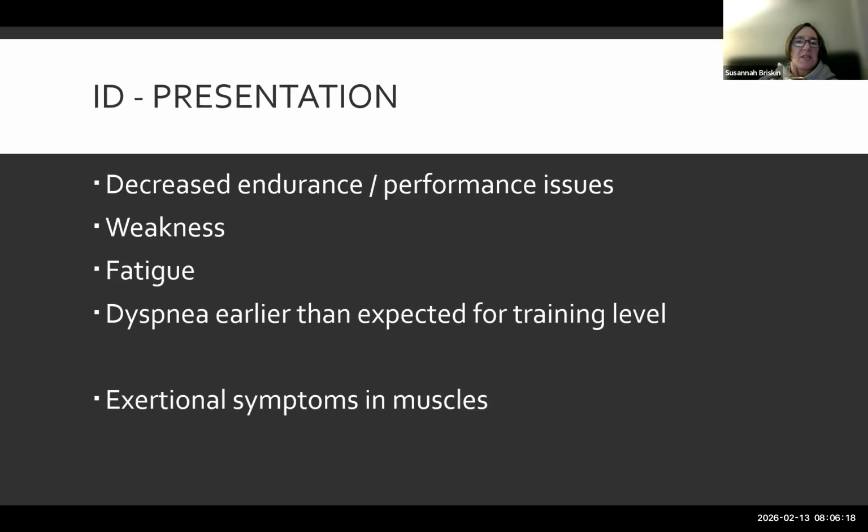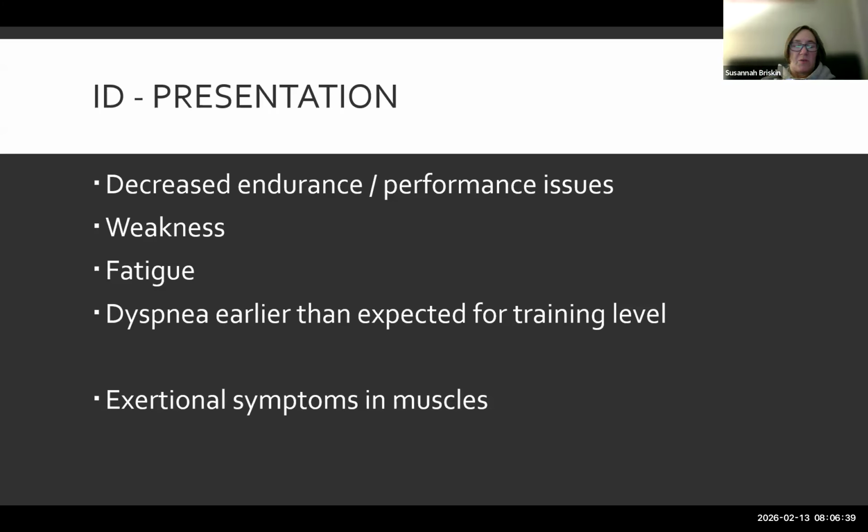And then weakness and fatigue. And then dyspnea earlier than expected for training level can sometimes be an issue. And then the most common reason I probably draw it is exertional symptoms. So I see anybody with bilateral leg symptoms when they're running and it's really exertional in nature.